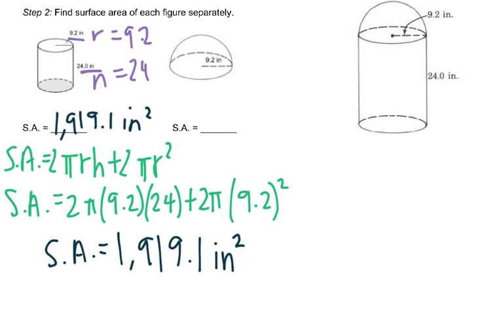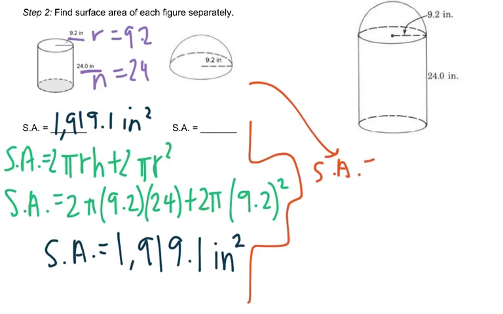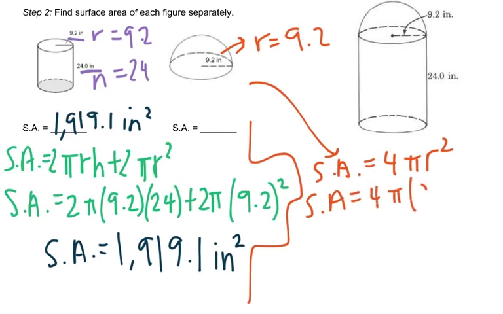Okay, and now we're going to find the surface area of the half sphere. So I'm going to work over here on the side of the screen. Our formula is surface area equals 4 pi r squared, and our radius is equal to 9.2 inches. So I'm going to plug that into my formula. Surface area equals 4 pi 9.2 squared.